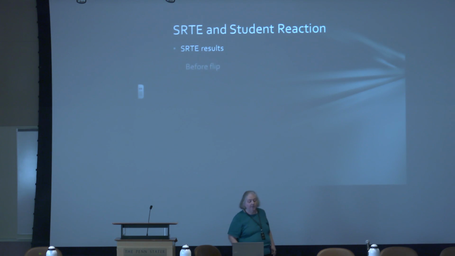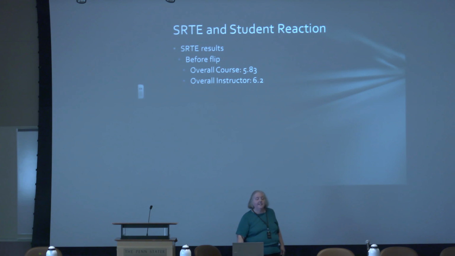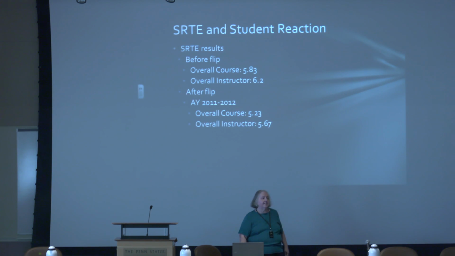So here's what happened with ours. Before the flip, the overall course was 5.83, the average, okay? Then the overall instructor was 6.2, right? But then we see something drastic happen. After the flip, for 2011, overall course drops to 5.23, and the overall instructor to 5.67, all right?